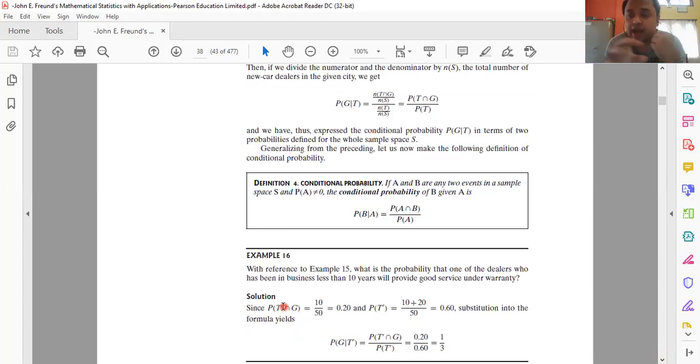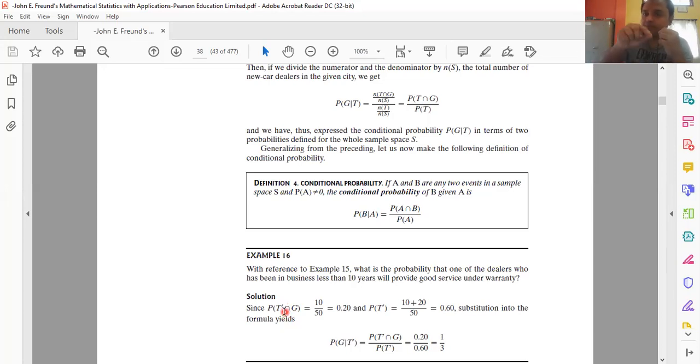They are not using any extra notation to define it, because a person can be in business for 10 years or more, or a person can be in business for 10 years or less. So one is complement to another. That's why they have not introduced any extra notation.